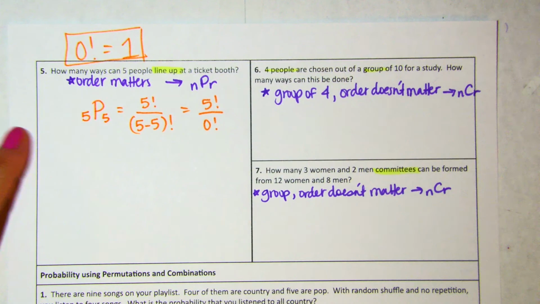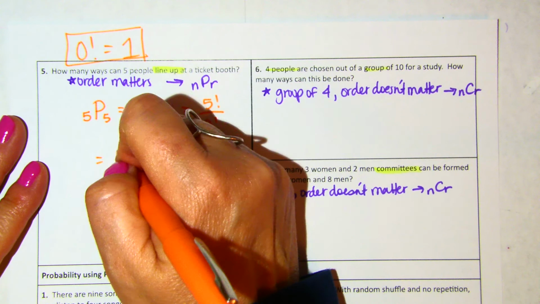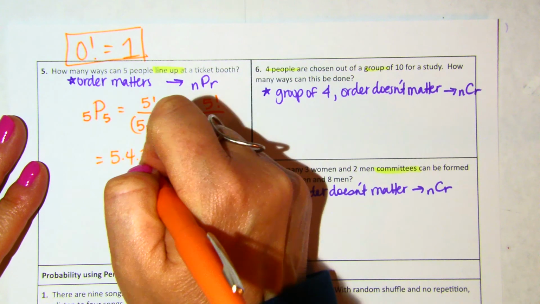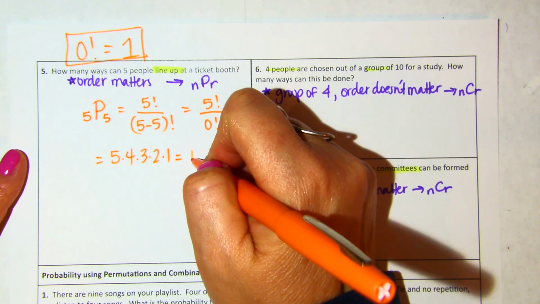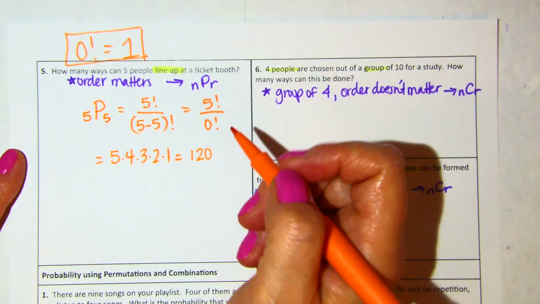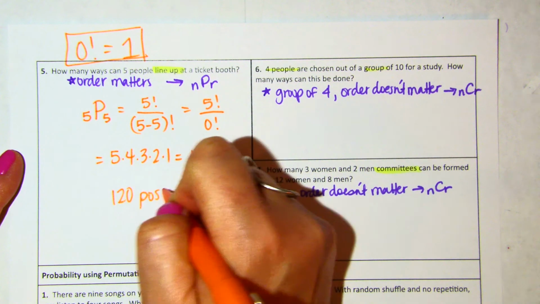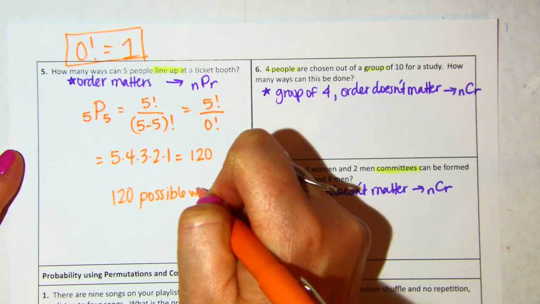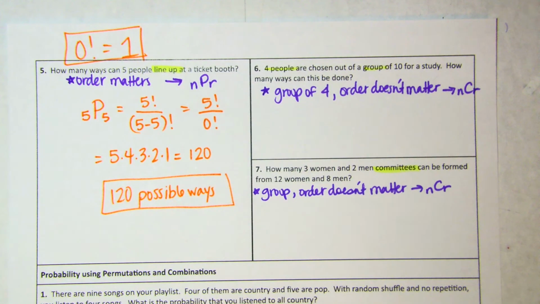So whenever you see 0 factorial, you know it's just 1. So I have 5 times 4 times 3 times 2 times 1 over 1. When you do this enough times, you memorize some basic ones. So 5 factorial is 120. So there are 120 possible ways for 5 people to line up, if you want to write a sentence.